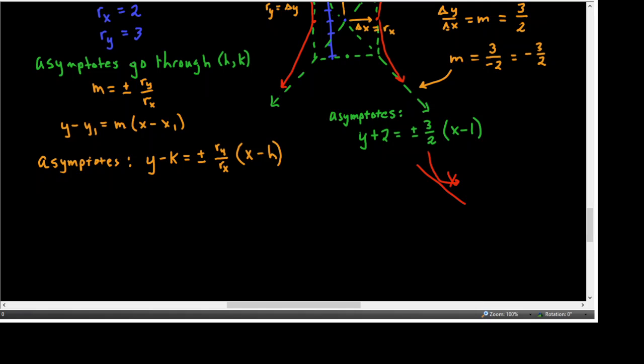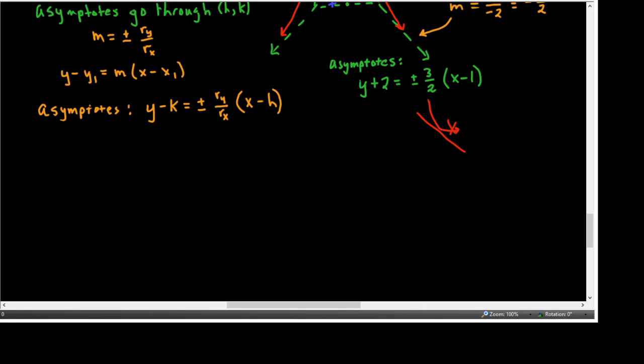So let's do an example that they have for us, example 5. We're supposed to sketch the graph of the hyperbola 4x squared minus y squared equals 16. Well, the form of the equation has to be fraction minus fraction equals 1.